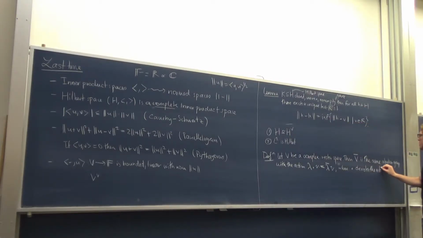Given a scalar lambda, we make lambda act on a vector in V bar.